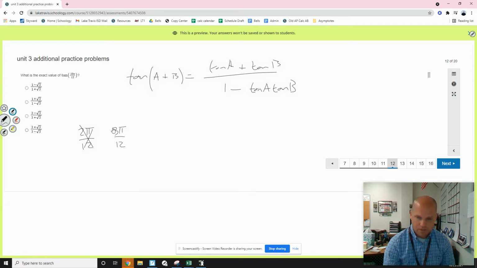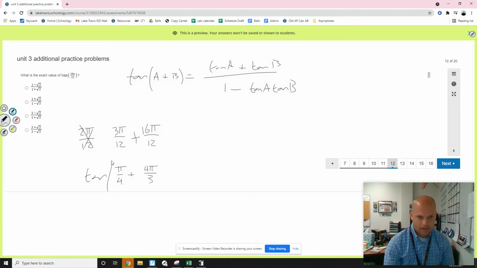3 pi over 12 can be simplified. So 6, oh, hold on. 3 and 16 both simplify. 3 plus 16 gives me 19. 3 pi over 12, divide the top and bottom by 3, is pi over 4. 16 pi over 12, divide the top and bottom by 4, sorry, divide by 3 for the first, pi over 4, and divide by 4, 4 pi over 3.